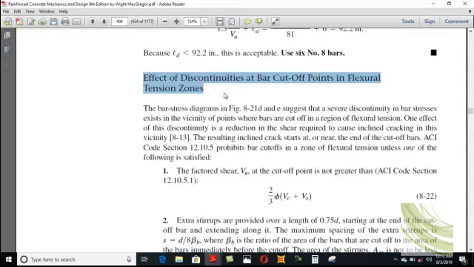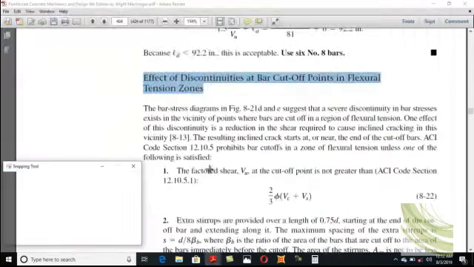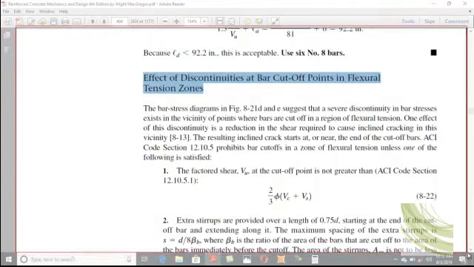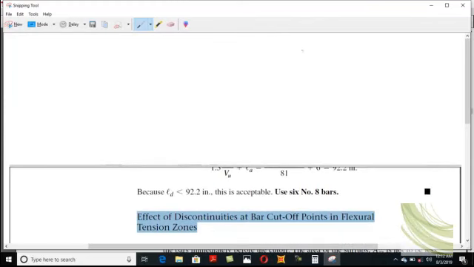Once those cracks develop at the cutoff points, there is a huge transfer of tension to the discontinued bars. I will explain it a little bit, although I will explain it many times in many lectures. So for example, this is a beam, clear.